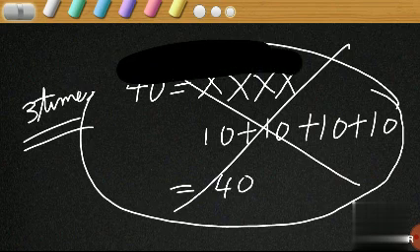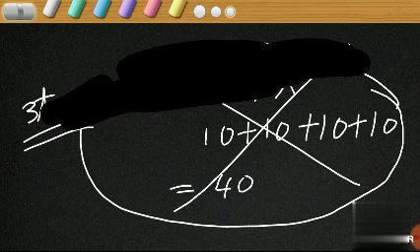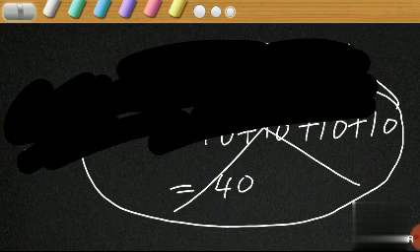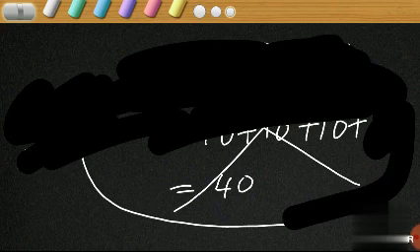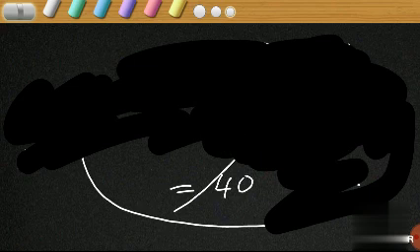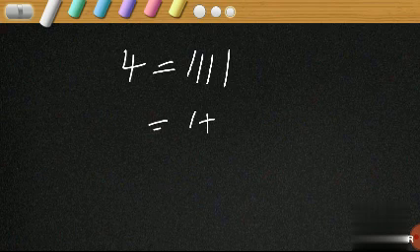Is it clear? So, similarly, for representing the number 4, 1 can be added 4 times in an actual situation. But is it possible in Roman numerals? For representing number 4, can we write I means 1, 1 plus 1 plus 1 plus 1 equal to 4?